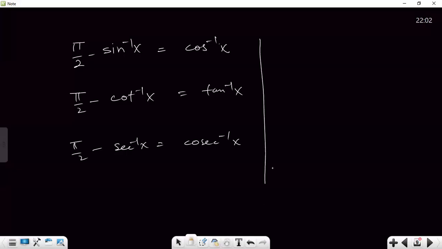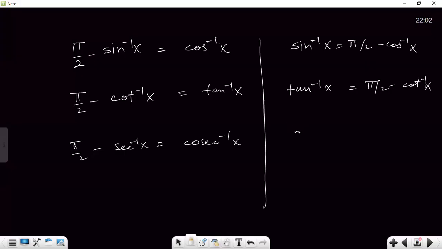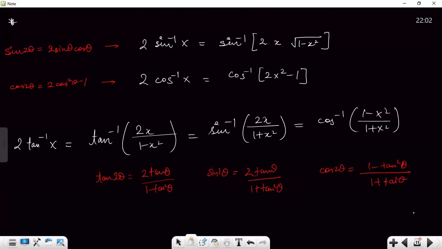You may also write that sine inverse of x is pi by 2 minus cos inverse of x, and tan inverse of x is pi by 2 minus cot inverse of x. Or we can say sec inverse of x is pi by 2 minus cosec inverse of x. This is important.